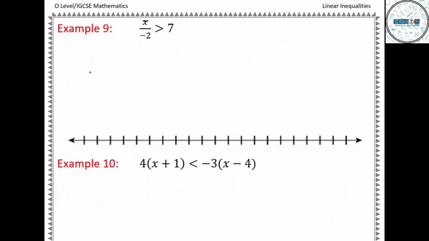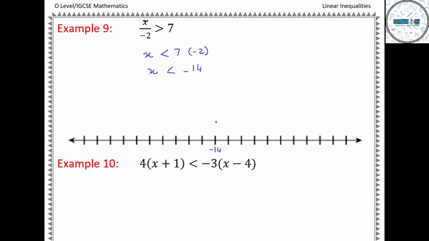Now we are doing another example in which x divided by minus 2 is greater than 7. Now what we have to do is multiply 7 by minus 2. When we are multiplying by a negative number, the sign of inequality is to be changed. So x is less than minus 14.